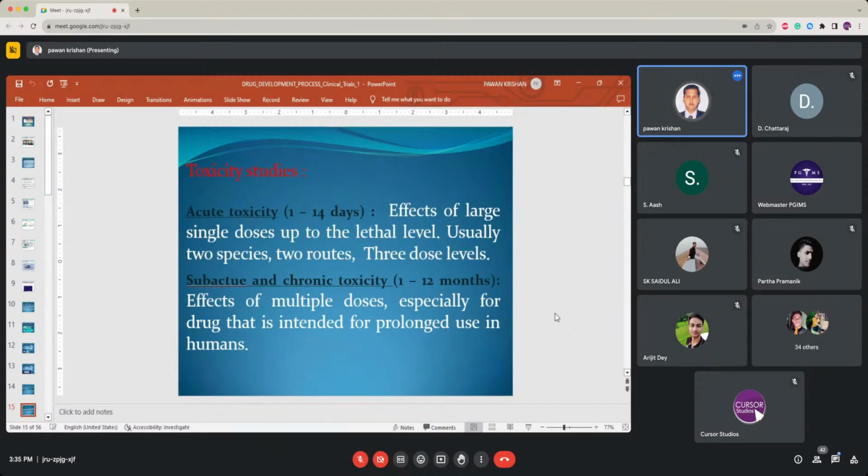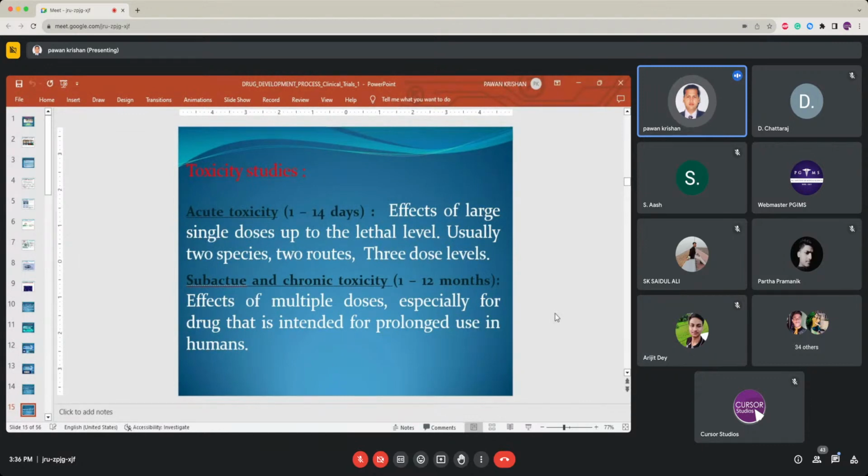No doubt efficacy is required, but the more stress is upon the toxicity studies. Various types of toxicity studies are carried out, which include acute toxicity studies, subacute and chronic toxicity studies.